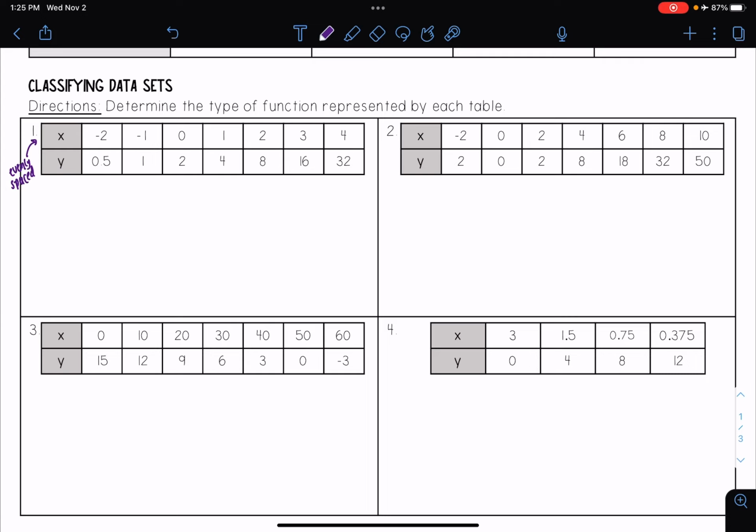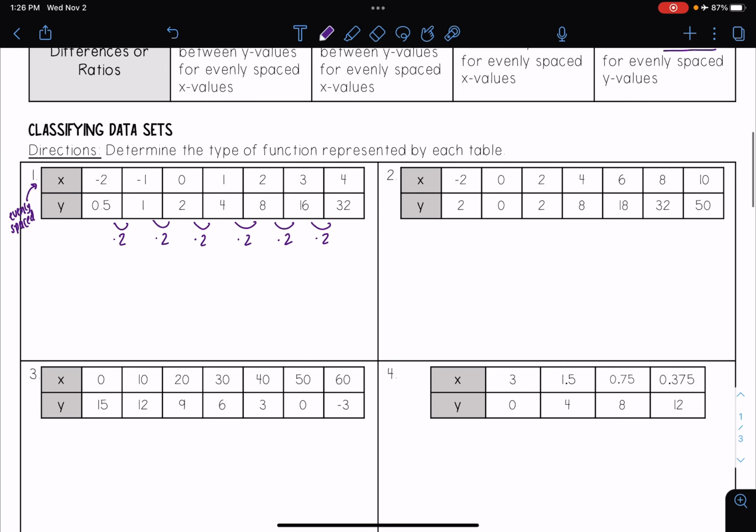Looking here, I see I go up by 0.5, then 1, then 2, then 4, then 8, and so on. It's not that. However, I notice I am multiplying by the same thing each time. I see that I'm multiplying by 2 each time. So that means I have a constant ratio of 2 here.